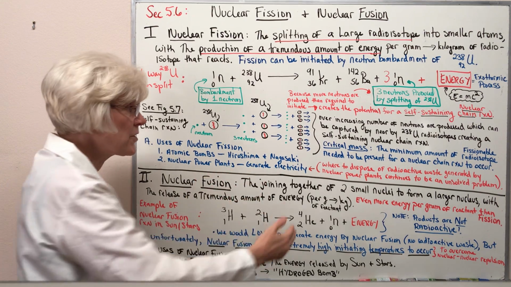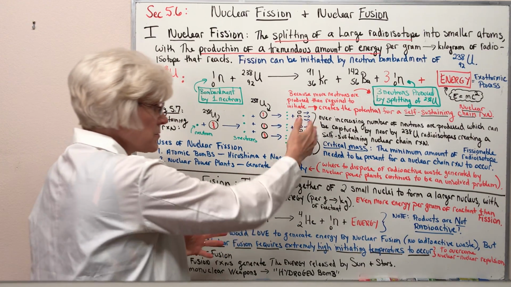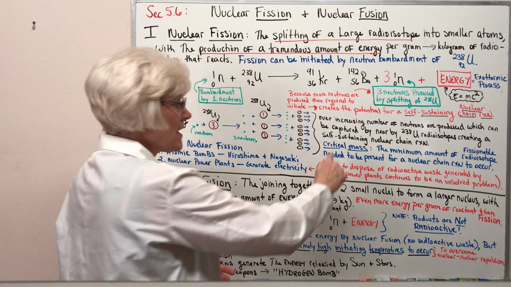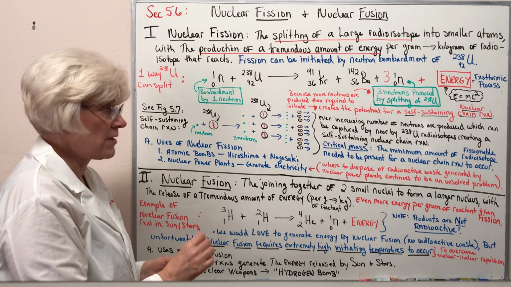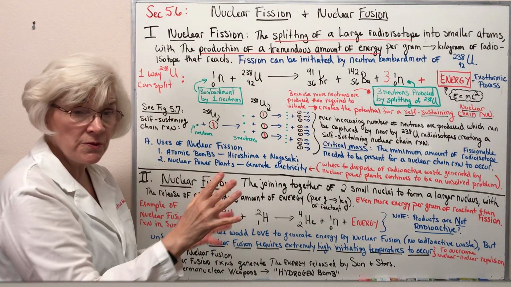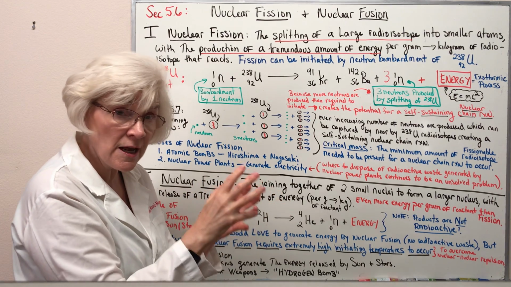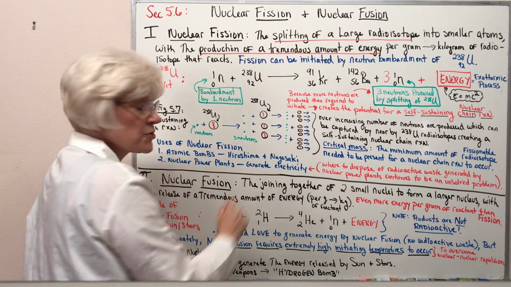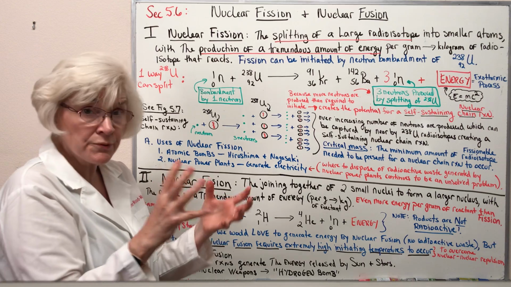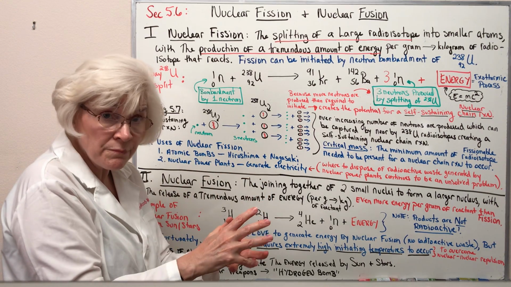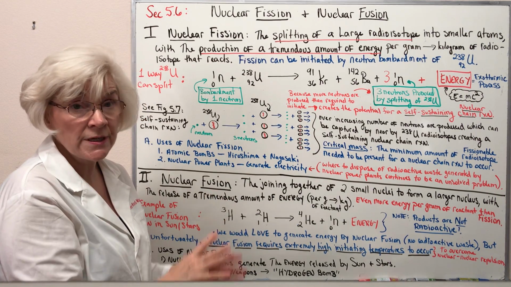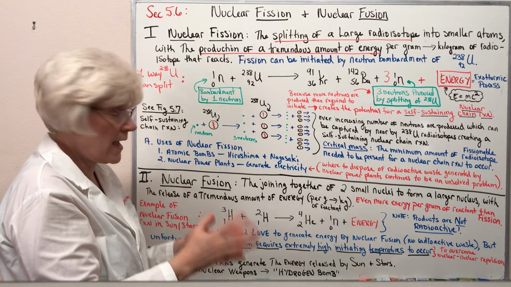So you have an ever-increasing number of neutrons produced in this cascading process, which creates a self-sustaining nuclear chain reaction. Now notice what's critical is that you have to have uranium-238 present in sufficient amount to capture the neutrons that are produced. So you have to have enough uranium-238 present, purified in one place, so that these neutrons have a great probability of encountering a nearby uranium-238 isotope.